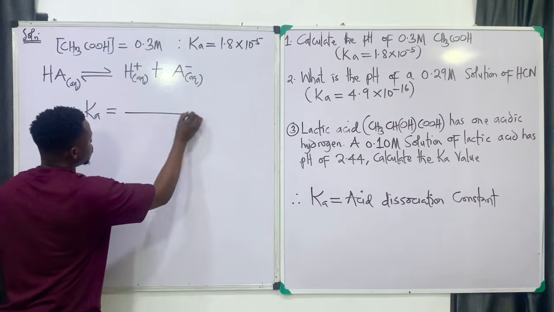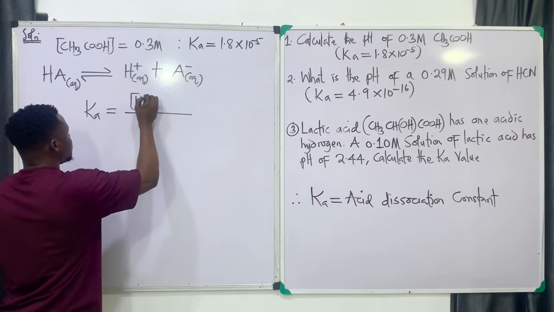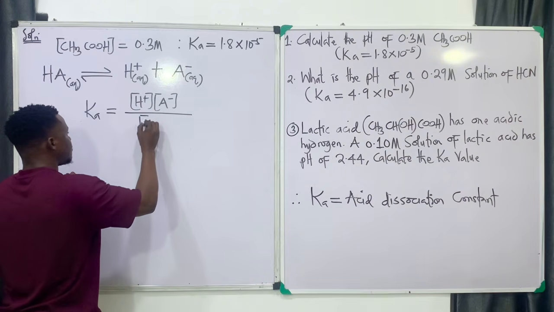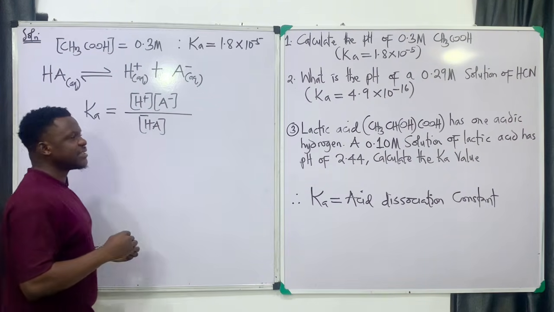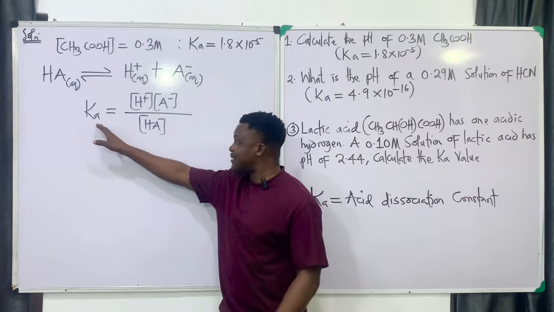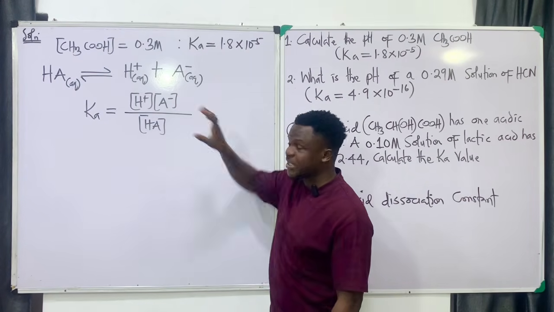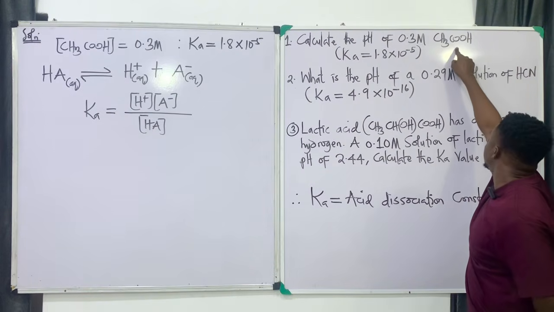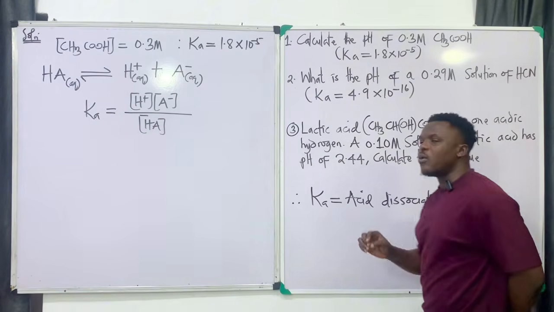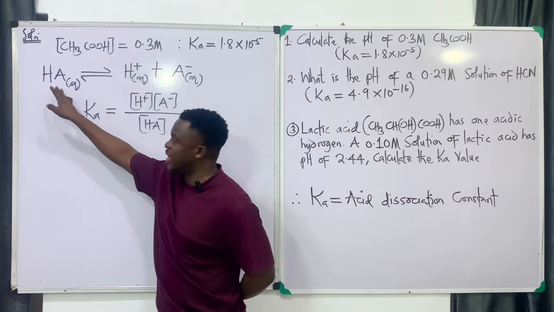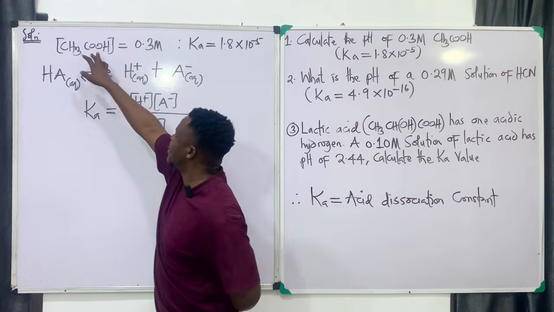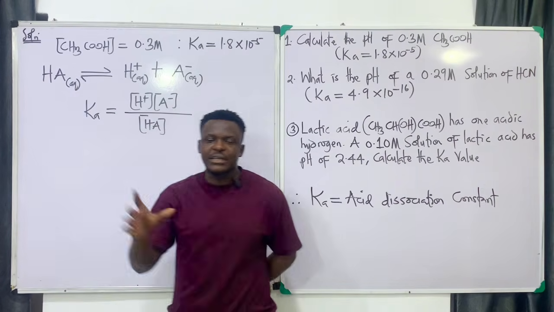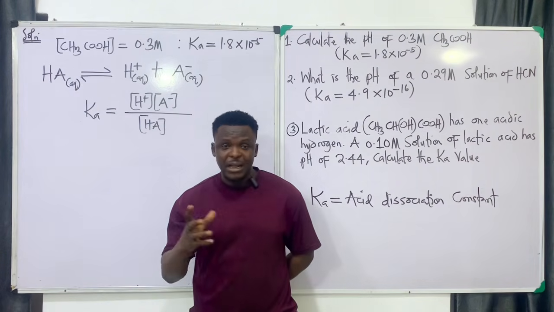So we have H plus times A minus, over HA. This is how we write the Ka expression for all weak acids, whether it is carboxylic acid, ethanoic acid, or HCN. All weak acids take this general form, HA.